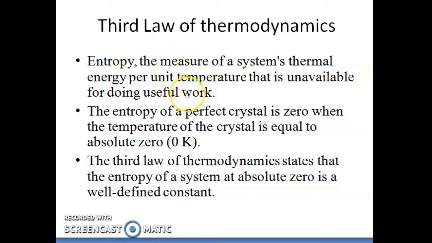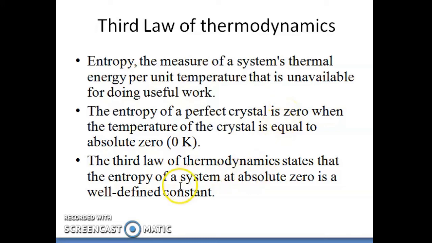Now if we try to relate the third law and entropy, it is considered that the entropy of a perfect crystal is 0 when the temperature of the crystal is equal to absolute 0. If the temperature of the crystal is absolute 0, that means the entropy of the crystal will also be 0.